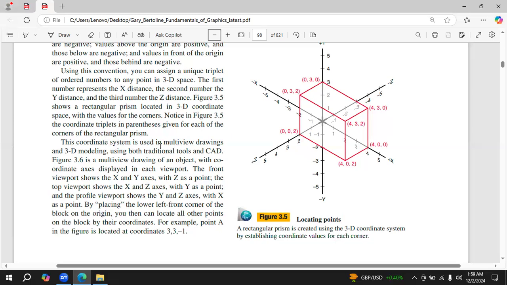This coordinate system is used in multi-view drawings and 3D modeling using both traditional tools and CAD software. So you have figure 3.6 to know what multi-view drawings look like.